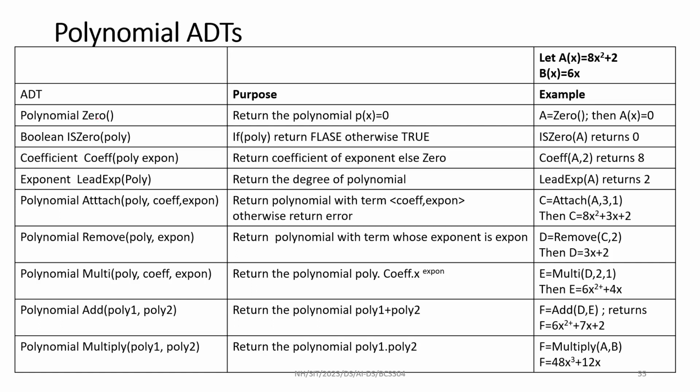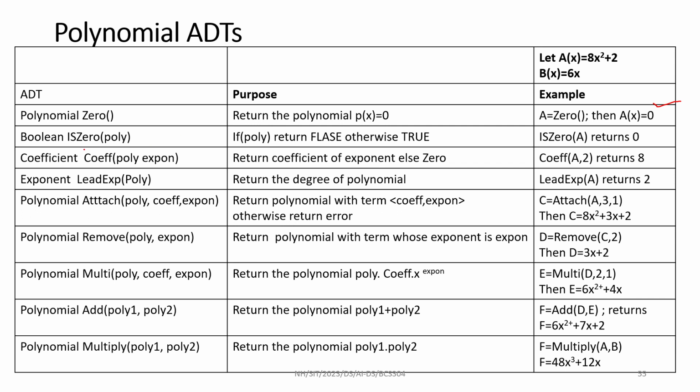That can be obtained using a function called zero. This is an ADT only. When you are taking any programming language, you have to write the code. This is just general code only. This particular function returns a polynomial with 0 number of terms. Degree of this polynomial is 0. Returns a polynomial of degree 0.